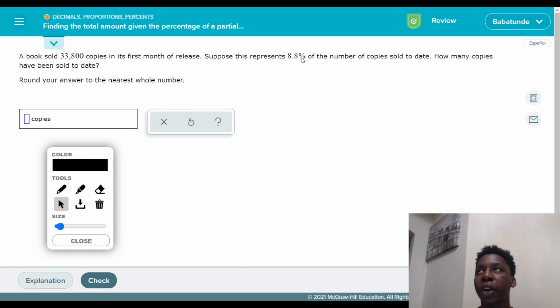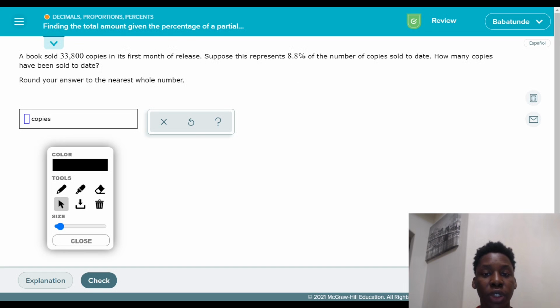So maybe let's say there are 5 million copies. 8.8% of 5 million is the amount of books that were sold in the first month. In this case, we know 33,800 copies were sold in the first month.